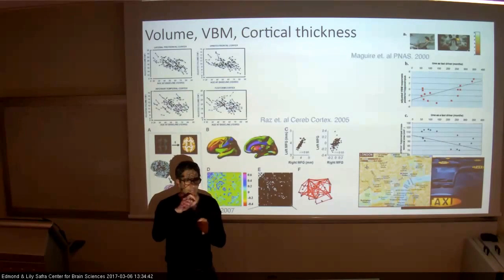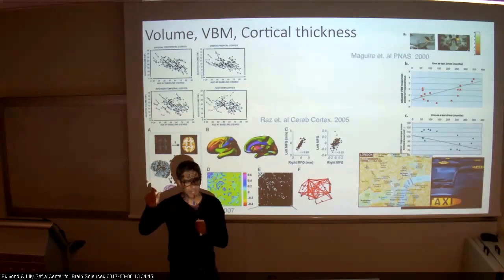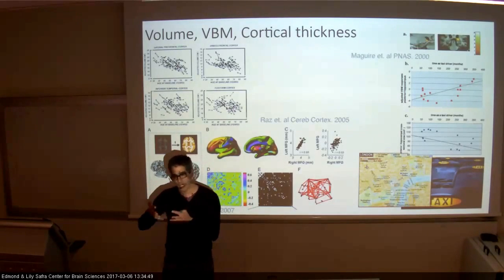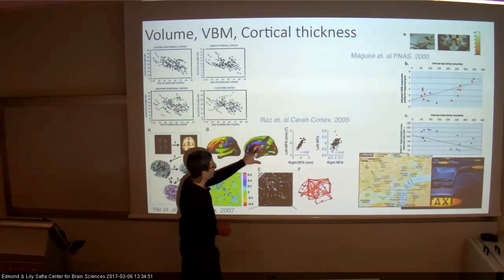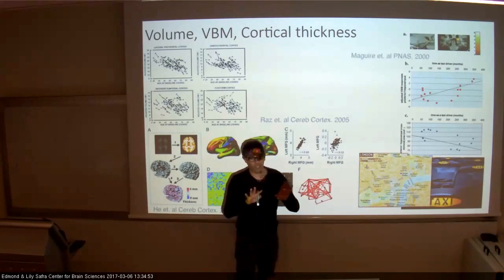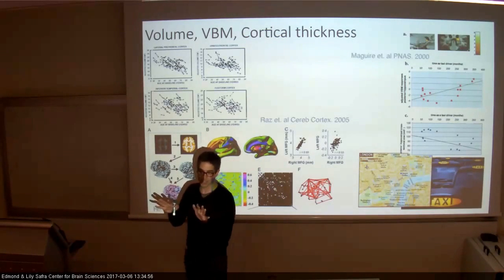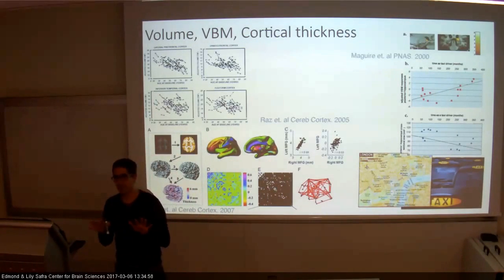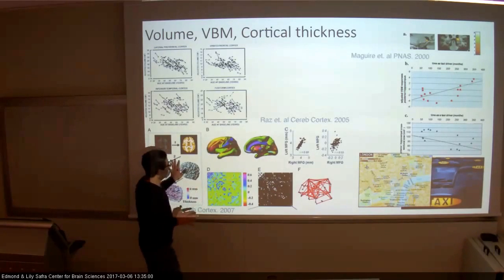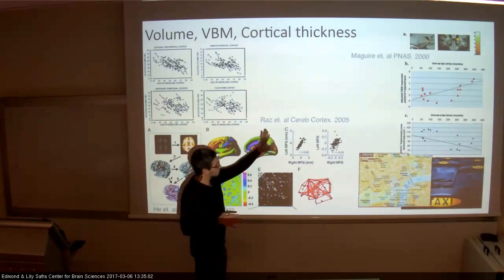If cortical thickness in one location can predict the cortical thickness in another location across subjects, and if it does, they will assume they're varying together, and so they will do a network analysis. Let's say which areas are varying together in terms of cortical thickness, for instance. Okay, so that's a different kind of analysis you can do with this type of data.